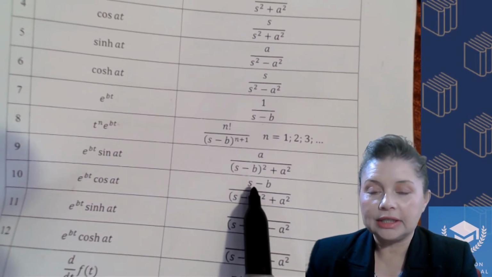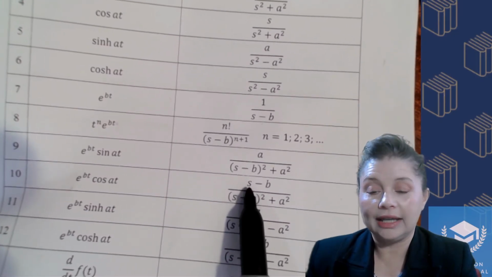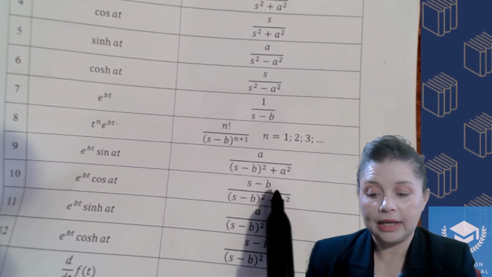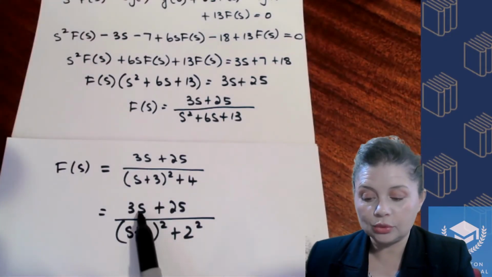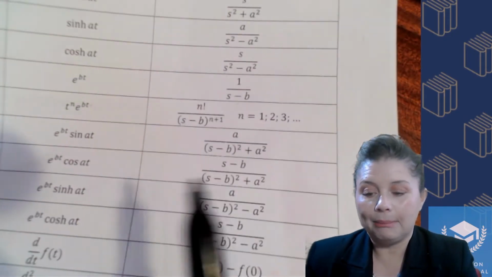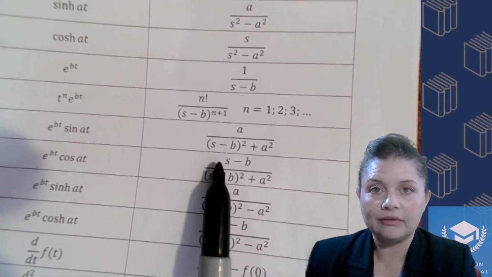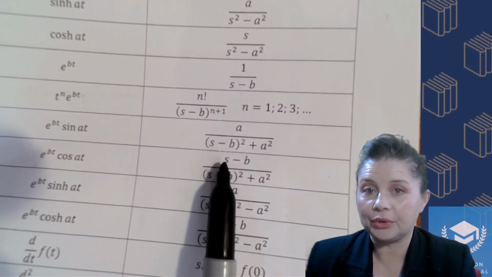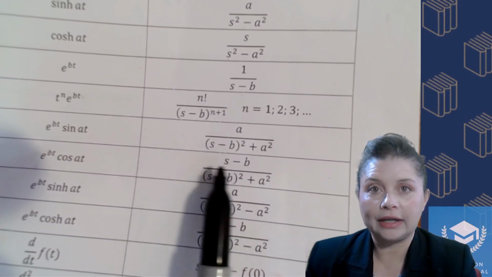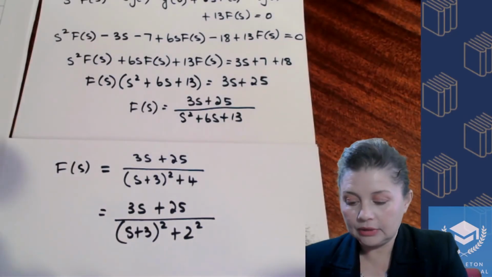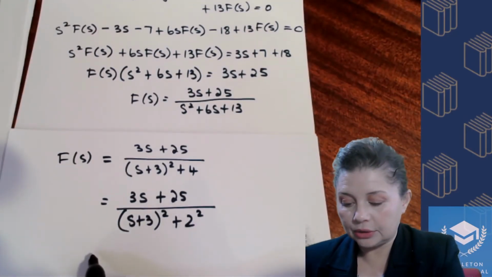So our numerator has two terms, one with an s term and one with a constant value, which is what we've got here, right? But your numerator has to be in exactly the same form, which means you need to have a 1 in front of that s, not a 3, right? So we're going to have to factorize that 3 out. So I'm going to take the 3 out.